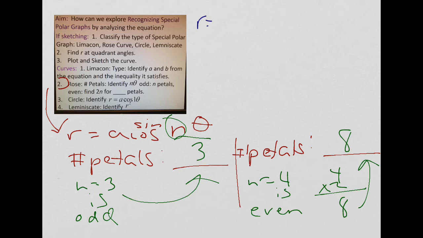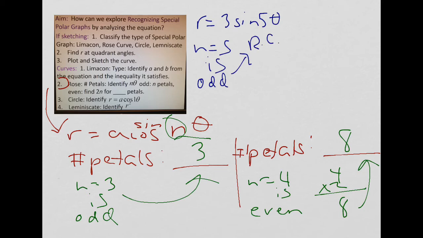So if r is 3 sine of 5 theta, then since n is 5, and 5 is odd, we're going to have a rose curve with 5 petals.